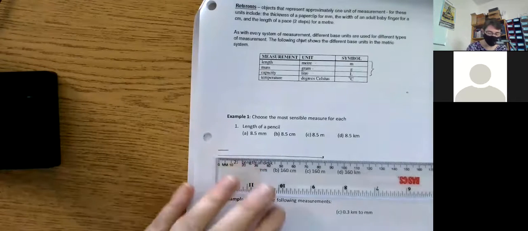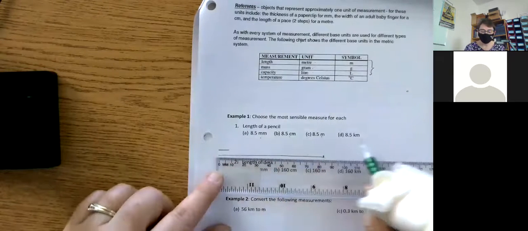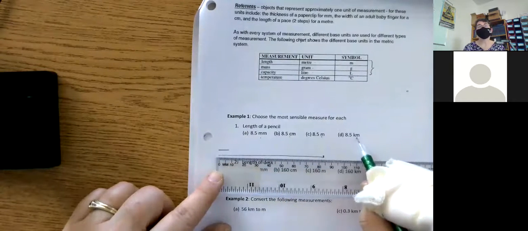And 8.5 kilometers is probably like across Regina, or at least across part of Regina. So keep your reference in mind. Think of the millimeter. This is the thickness of a dime, thickness of a pinky, arm's length, and a kilometer is 0.6 of a mile, if that helps. So it's a fair distance.